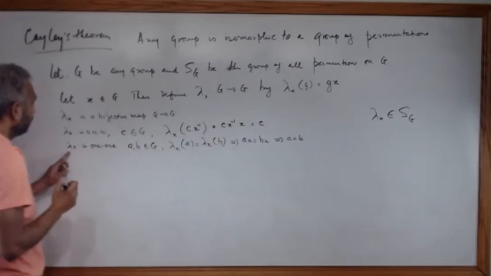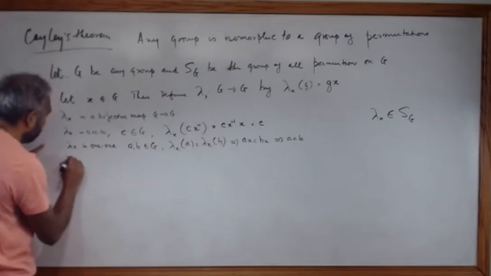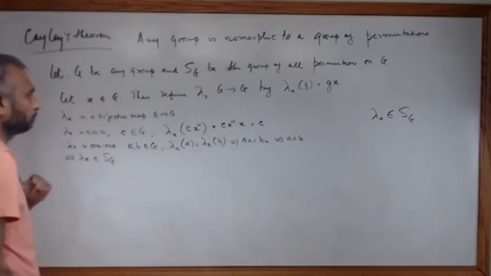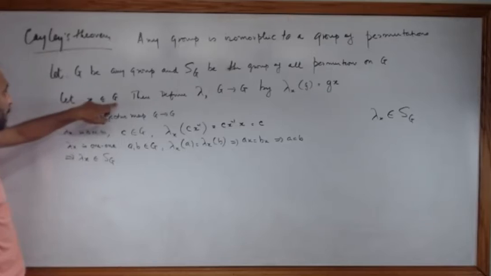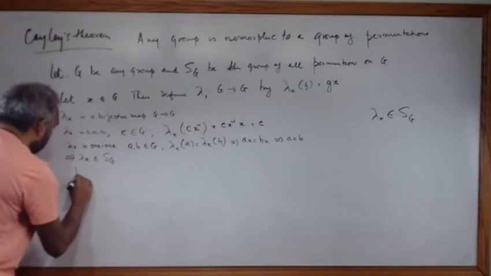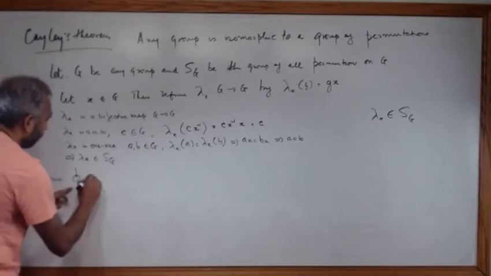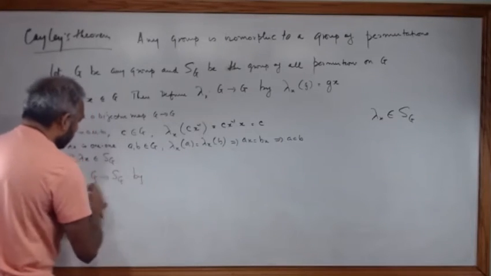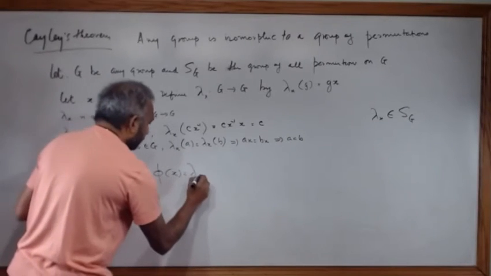So lambda_x is one-to-one. That implies lambda_x belongs to S_G. Now this is an arbitrary element in G. Now we will define a map phi from G to S_G by phi(x) equals lambda_x.